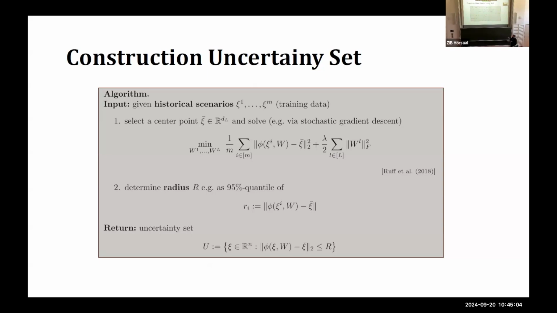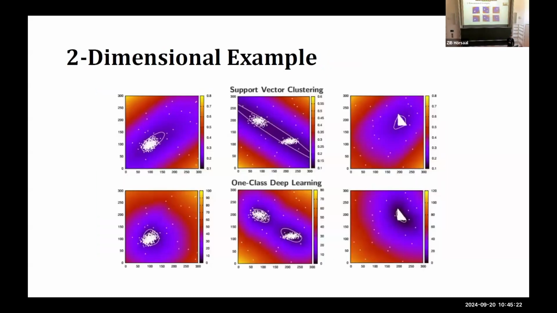So you say now all the scenarios which are mapped into this ball are my valid scenarios which are used for robust optimization. Everything outside, I don't care. And now if you look at this set, again, this is a piecewise linear function. It can be modeled as a MIP. So this actually gives you a certain structure of uncertainty set.